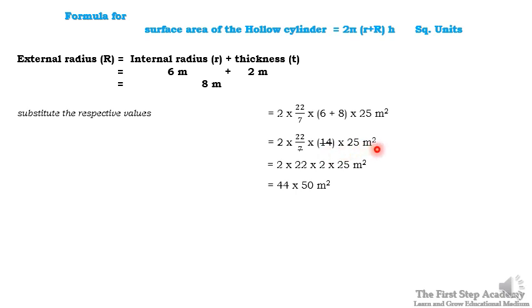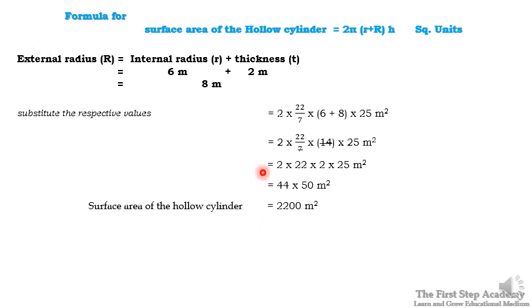By cancelling 7 and 14, since 2 7s are 14, we get 2 into 22 into 2 into 25 meters squared. Finally, we obtain 44 into 50 meters squared. So the surface area of the hollow cylinder that we obtained here is 2200 meters squared.